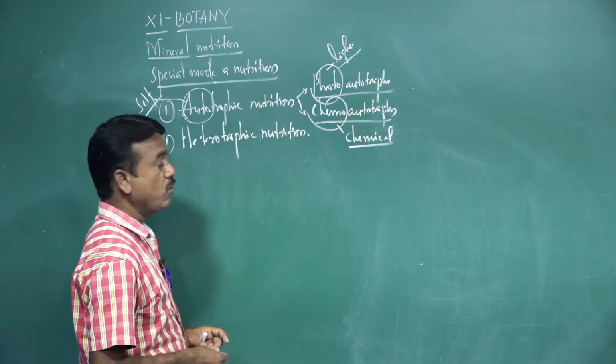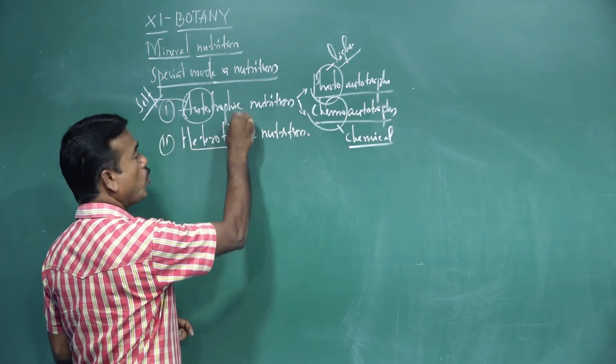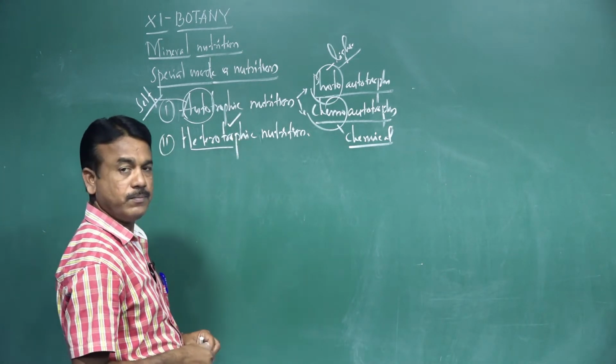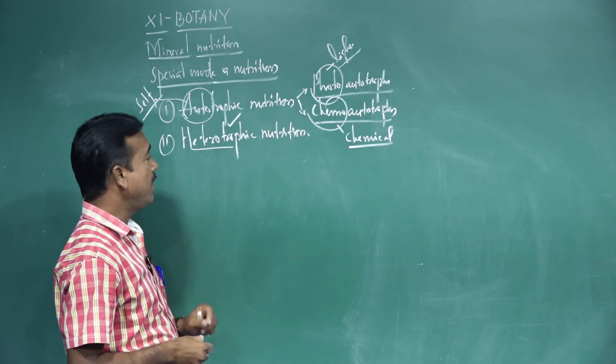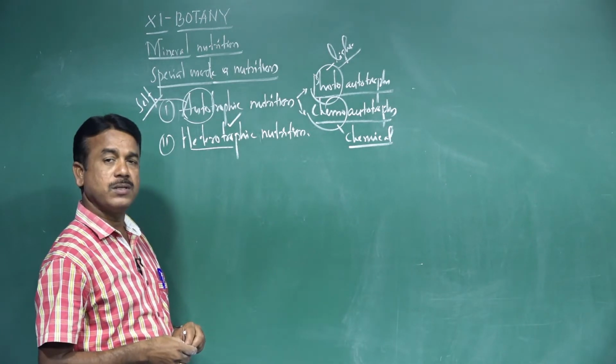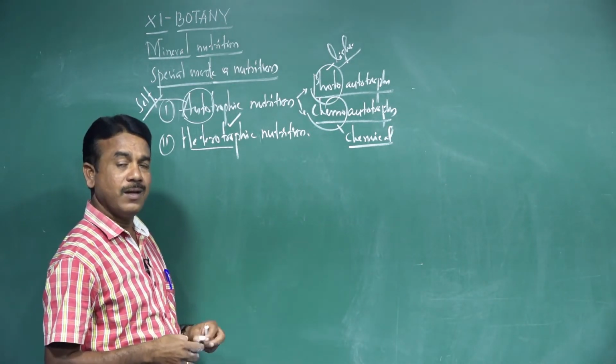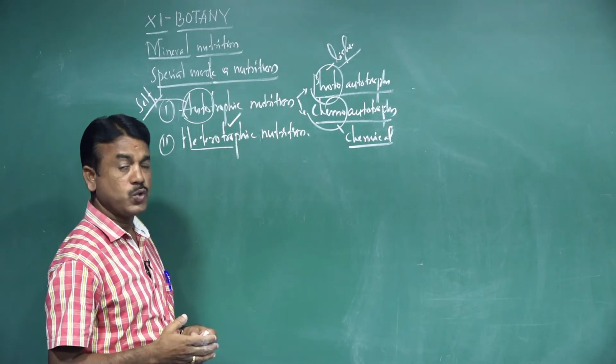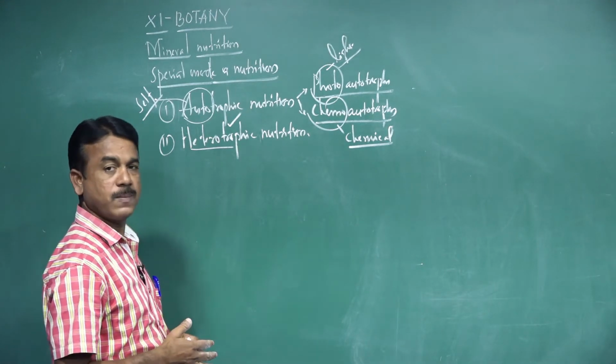Now let me discuss the second one, the heterotrophic mode of nutrition. What do you mean by heterotrophic mode of nutrition? Heterotroph means lack of chlorophyll. There are no chlorophyll molecules available.